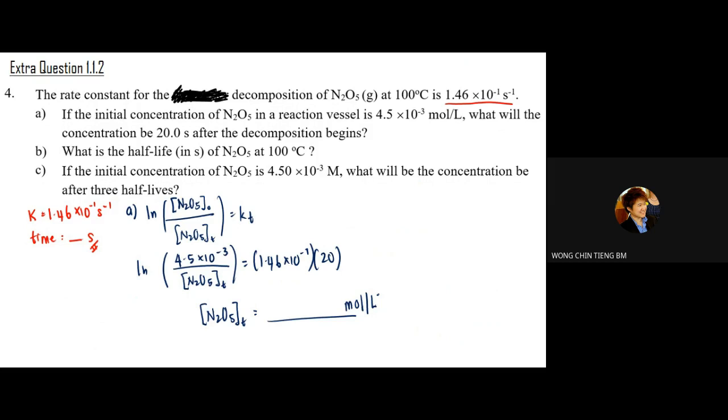B, what is the half-life? Okay, I don't want the half-life. The question is asking for the half-life, and then the question is asking for the third half-life. Do me one favor. I want the second half-life. Do you need to press the calculator?